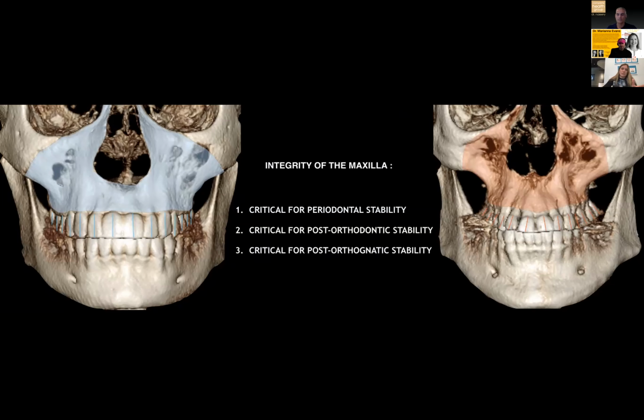In the image where the maxilla is normal, you can see that the teeth are positioned in the bone axially, and there are no dehiscences and fenestrations in the buccal plate. On the other hand, in the image on the right with the orange outline of the maxilla, because the maxilla is so small, the teeth can no longer be positioned axially.